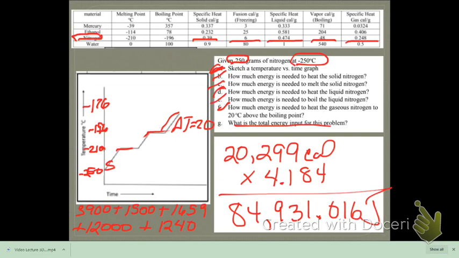Are we always going to ask you to convert into joules? Absolutely not. But should we ask you to convert any of these numbers to joules, you should know how to. Okay? All right.